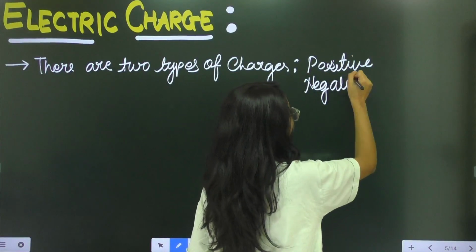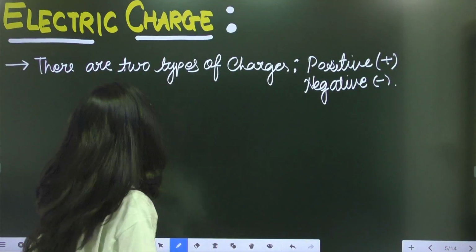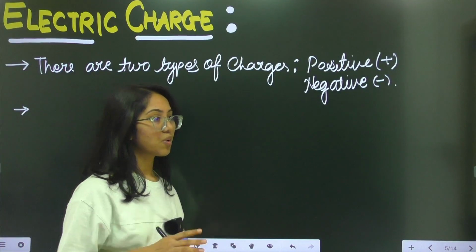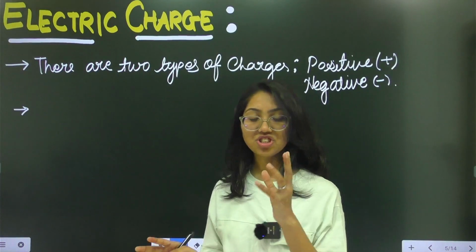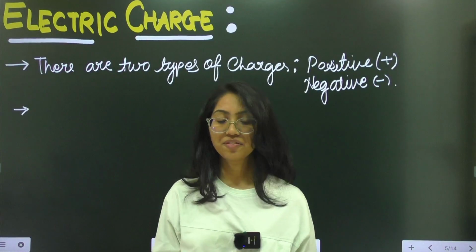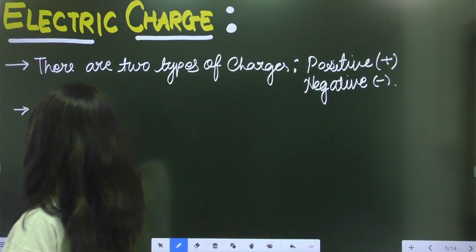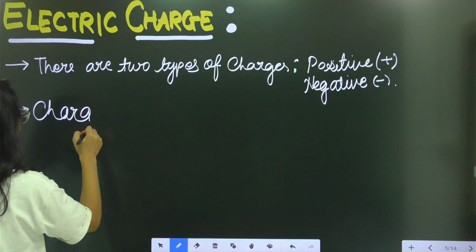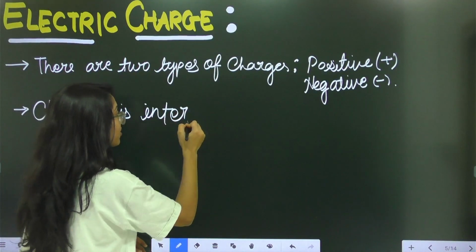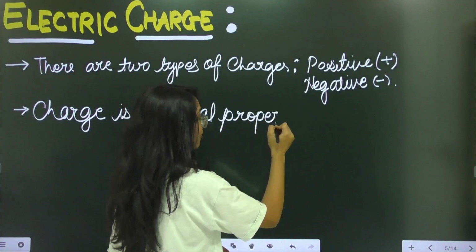Okay, well, I want to tell you that first, this charge is the internal property of any object. Like mass is an internal property of any object, charge is the internal property of any object.